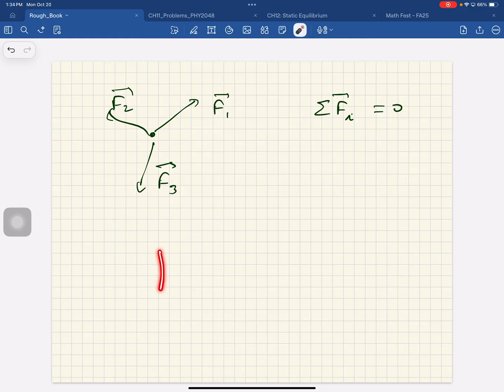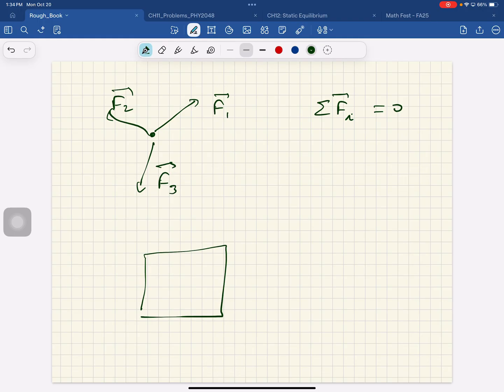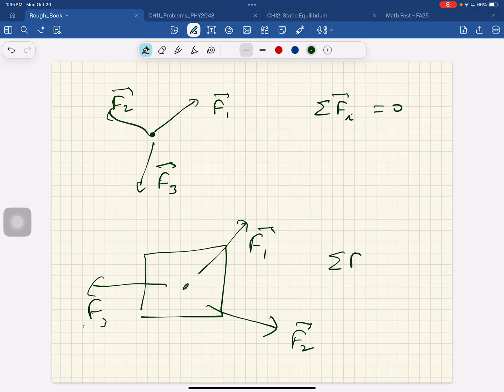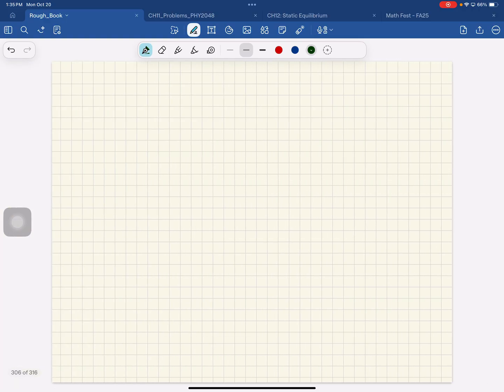Okay, so that was for a point object. What about for an extended object? Okay, as long as these forces are going through the center of mass of the object, that condition is sufficient. Okay, even for extended objects. Okay, but now let's apply forces to an extended object.